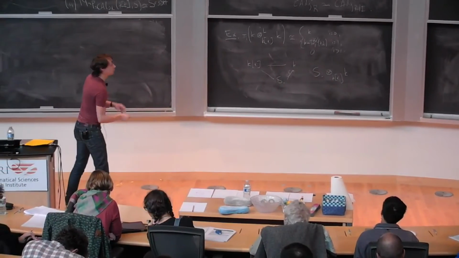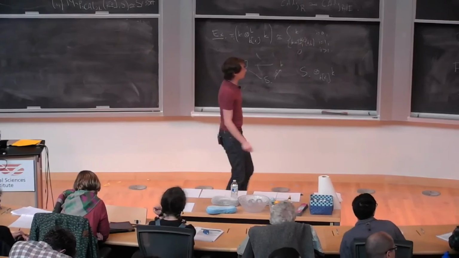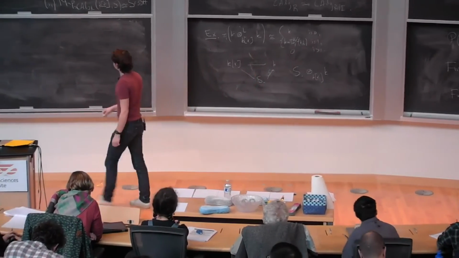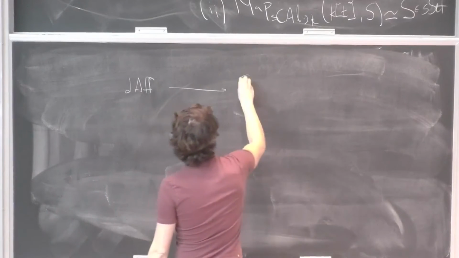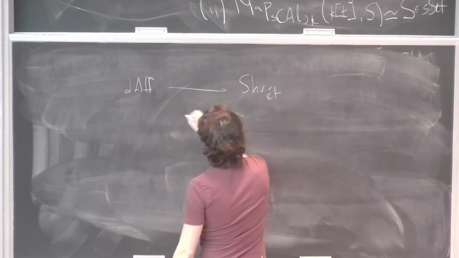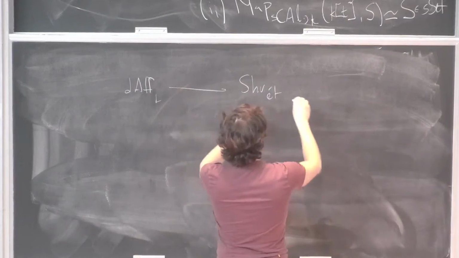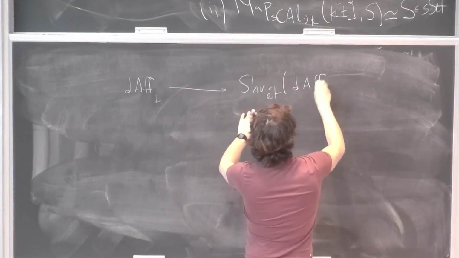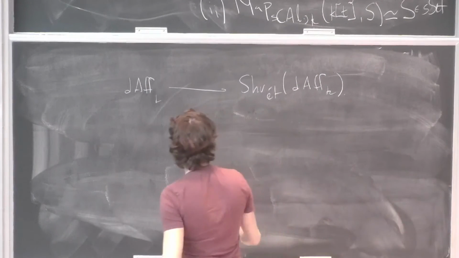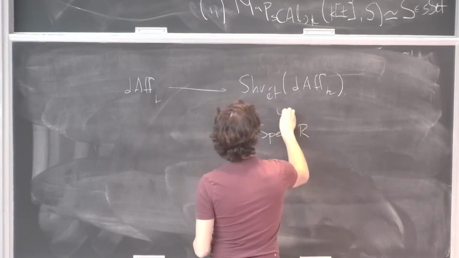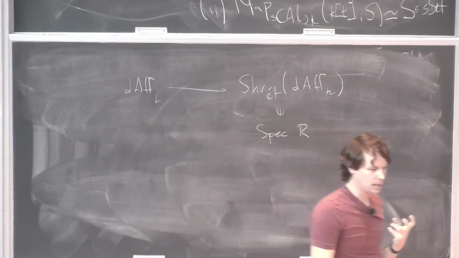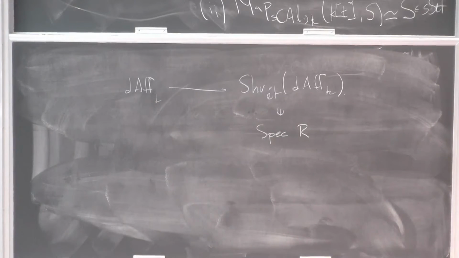Okay, so let's see. This is the category that we're going to be interested in, and there's a Yoneda functor, and it does turn out that it lands in this subcategory, and we will view spec R always as being in here. Now I need one more definition, and then we're going to start talking about stacks.